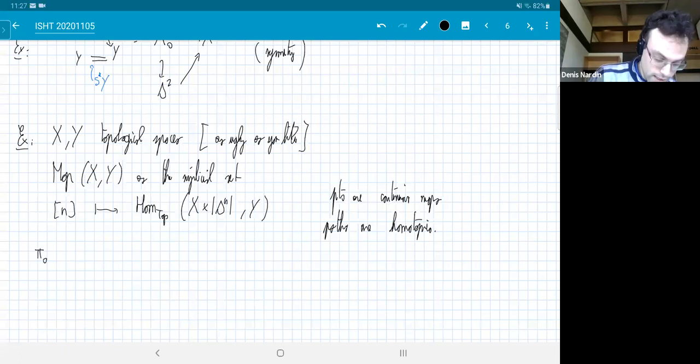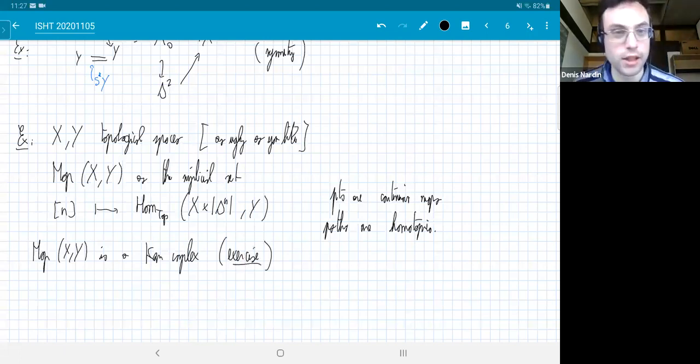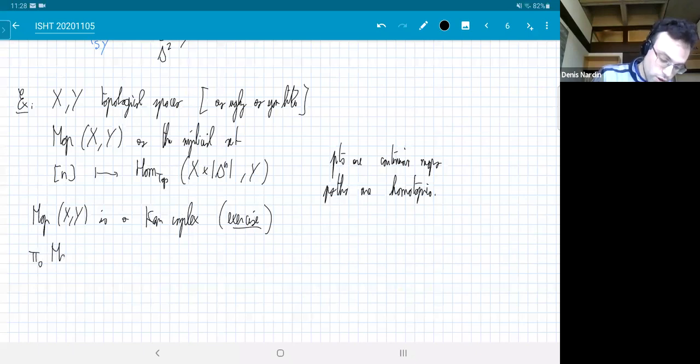And, sorry, I didn't say it: Map(X, Y) is a Kan complex. That's an exercise, and this might or might not end up on the exercise sheet. I haven't decided yet, but it's an easy exercise. And so, for example, you see that π_0 of Map(X, Y) is exactly the set of homotopy classes of maps.